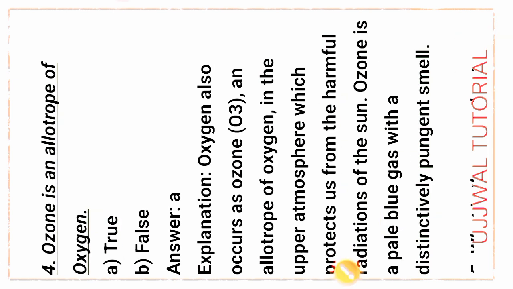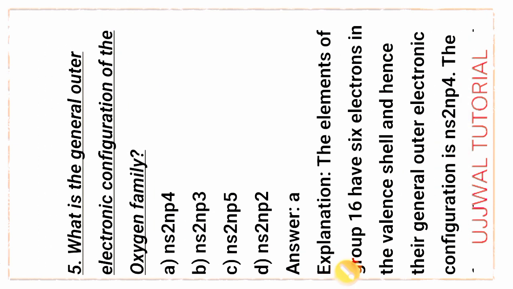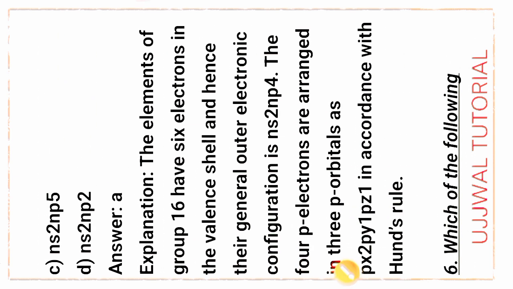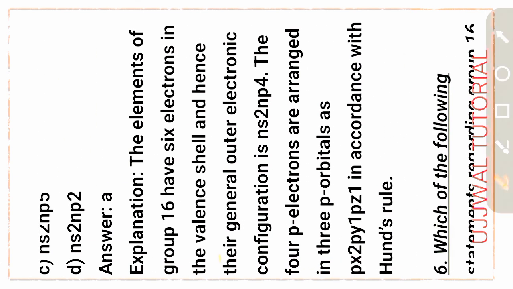Next question, question number 5. What is the general outer electronic configuration of the oxygen family? That is option A, ns2 np4. That is, the outermost shell has 6 electrons. To explain this part, the elements of group 16 have 6 electrons in the valence shell, and hence their general outer electronic configuration is ns2 np4.